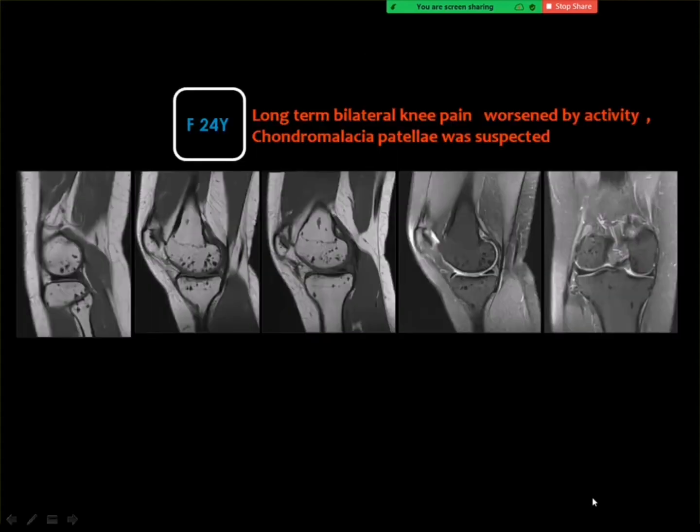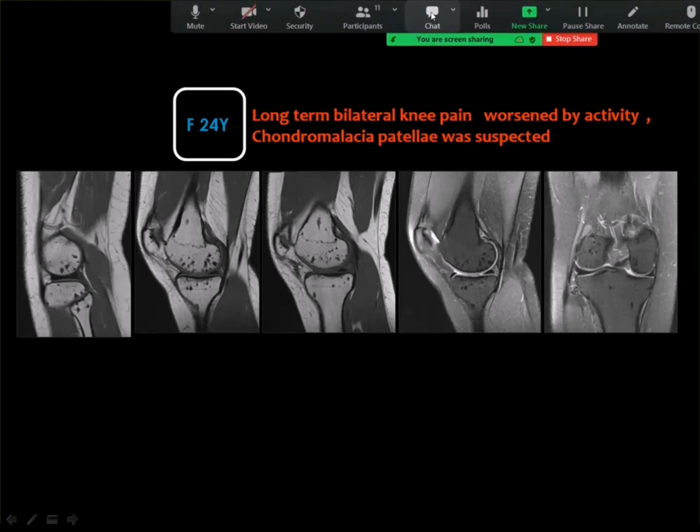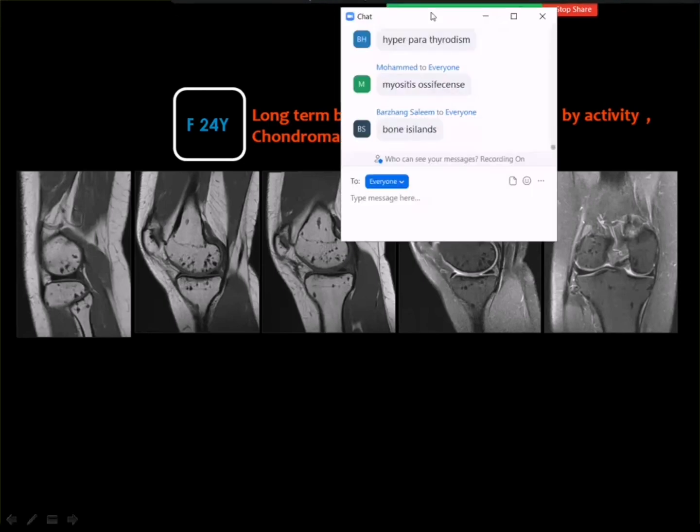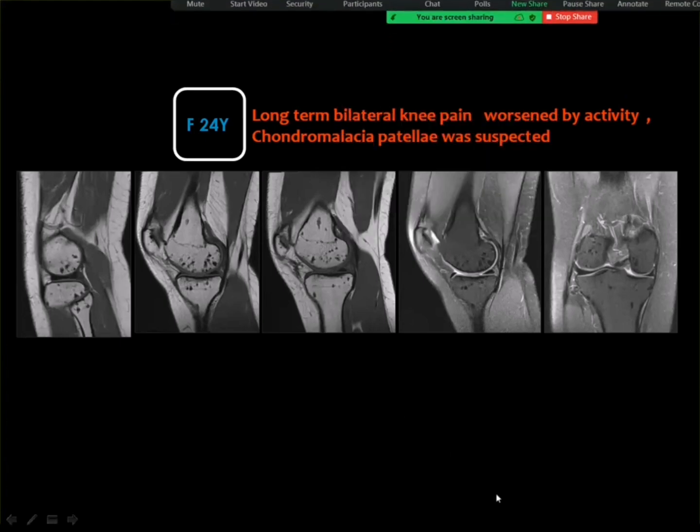Good answer. This female, 24 years old, with long-term bilateral knee pain, worsened by activity, suspected to have chondromalacia patella. Bone islands, and whenever these osteopoikilosis, yes, this is the right answer.